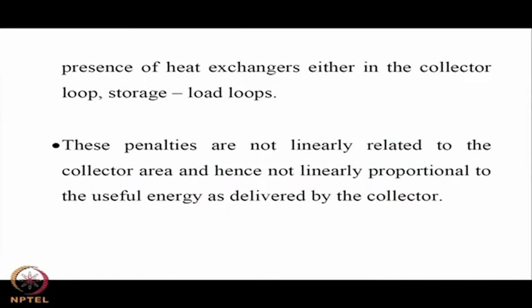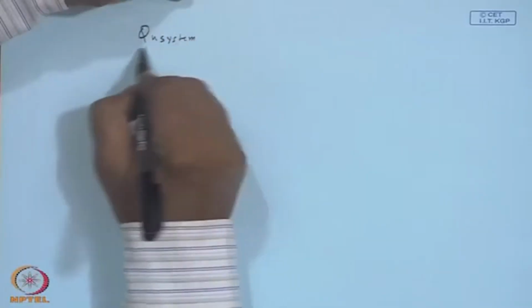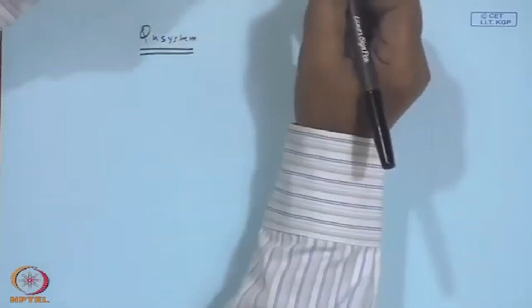So, the collector is important in the sense that it does give the useful energy gain, but what we are interested in is QU system. We would like to find out what part of the solar energy delivered by the collector is going to meet the load.